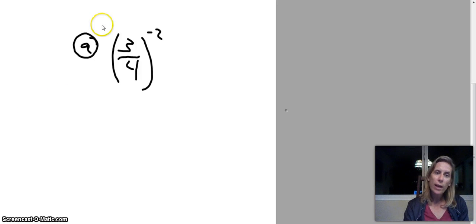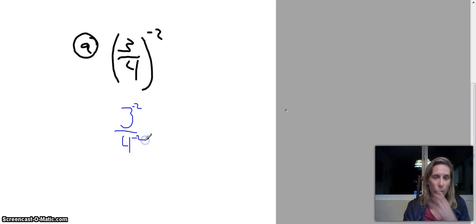We have a fraction, 3/4, the whole quantity raised to the negative second. So as we did in that other fraction, we could rewrite this. That negative 2 is affecting both of the terms in this quantity. So we could rewrite this as 3 to the negative 2 over 4 to the negative 2.